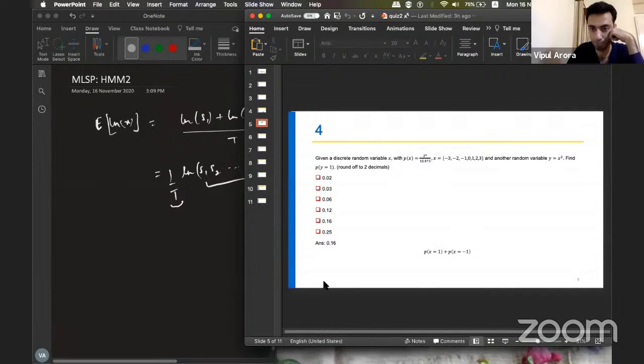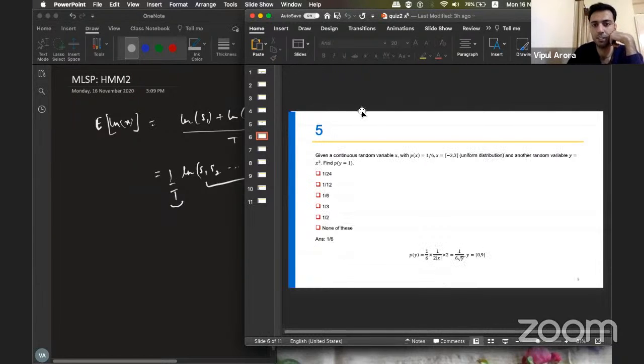Next is find. So basically this was a transformation of variables. These are discrete variables, so p_y equal to 1 will correspond to x equal to -1 and +1. Just add up those two probabilities and that's the answer. But here this is a continuous random variable, so simply adding up does not work because you have to make sure that the area under the curve is also 1.